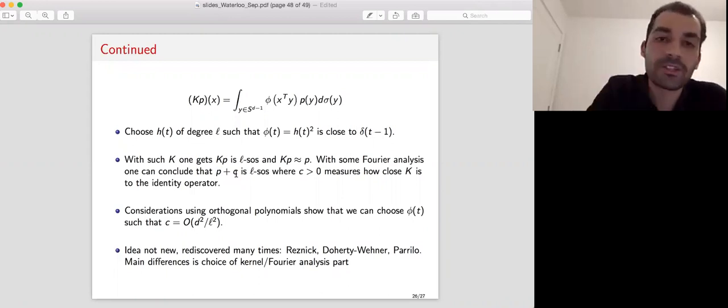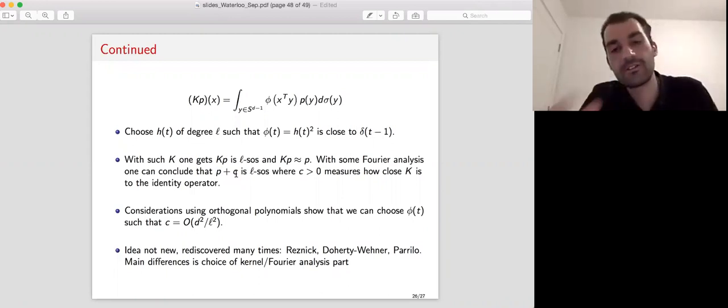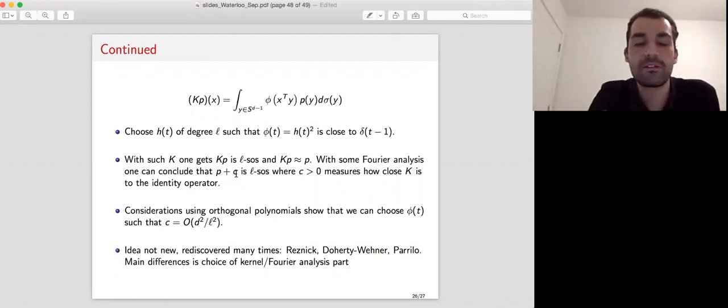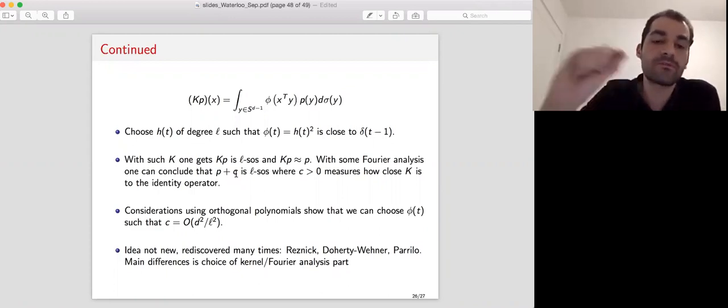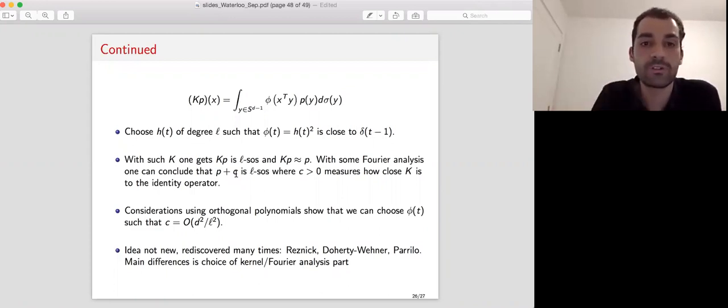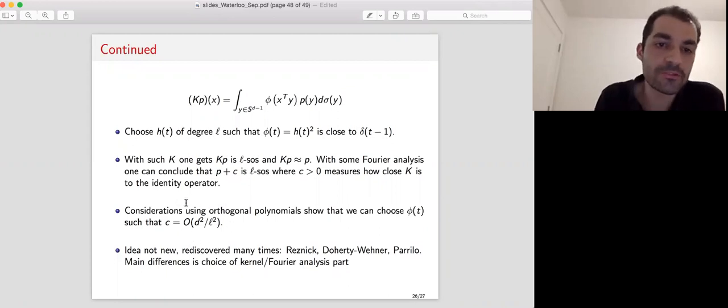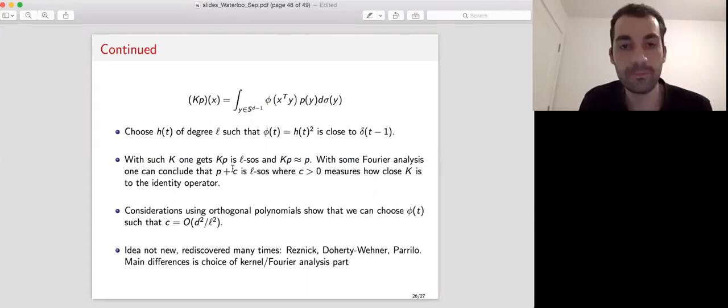So you can show that K diagonalizes in a certain basis, and essentially c just measures how far the eigenvalues are from one. And by using certain well-chosen orthogonal polynomials, you can show that taking c to be d squared over L squared is possible. It's something like p plus a constant times d squared over L squared is going to be a level-L sum of squares.